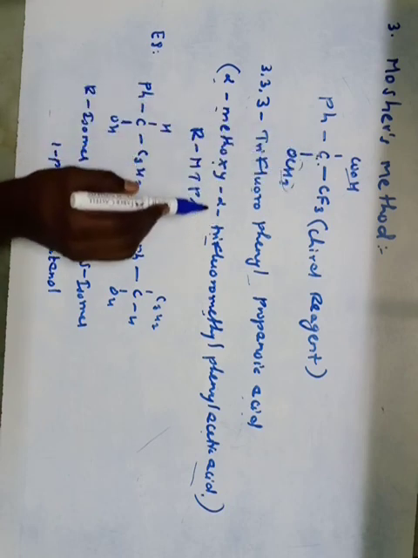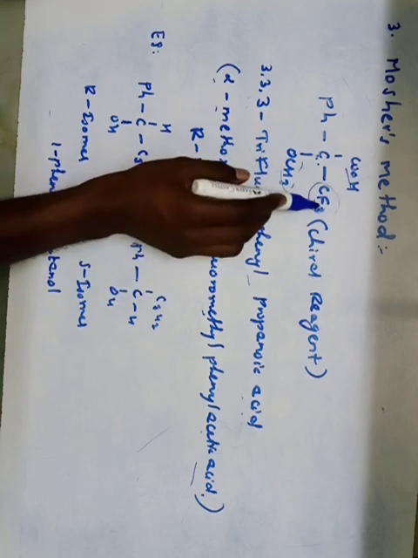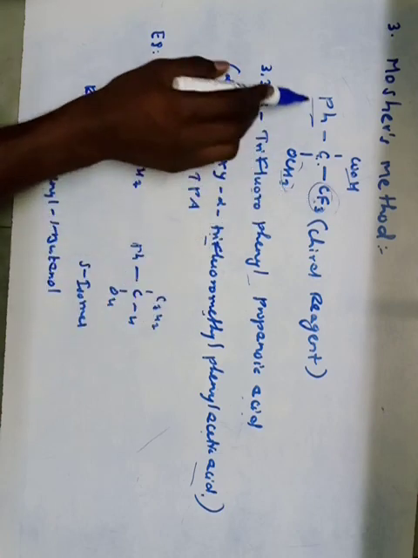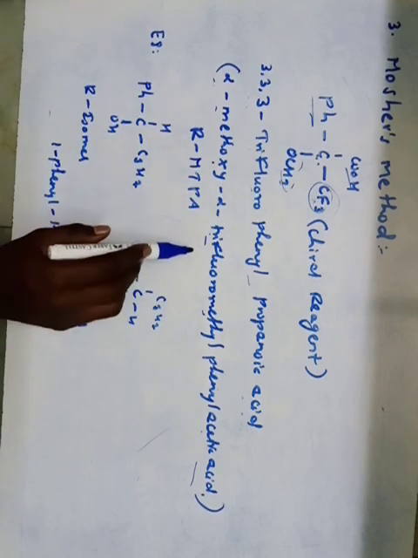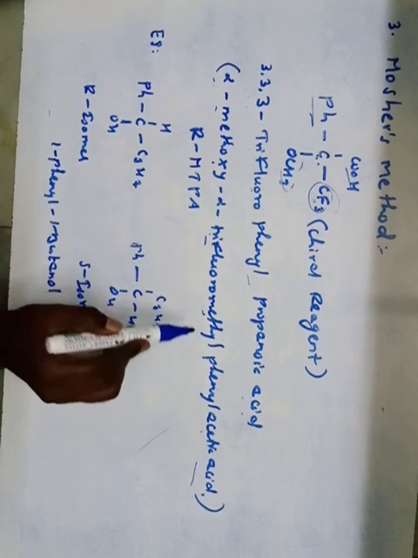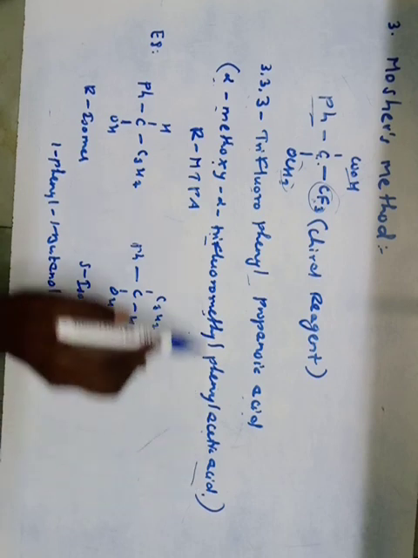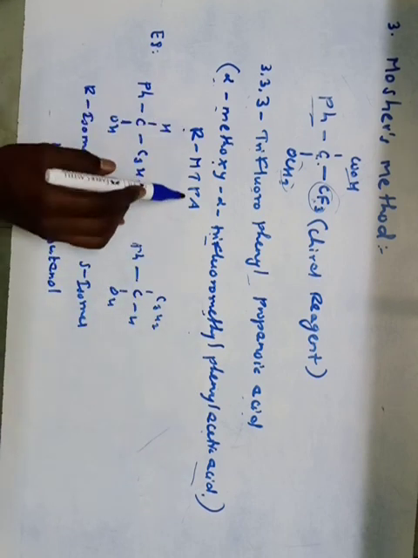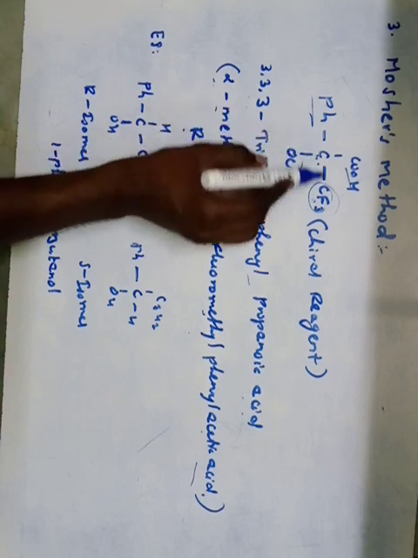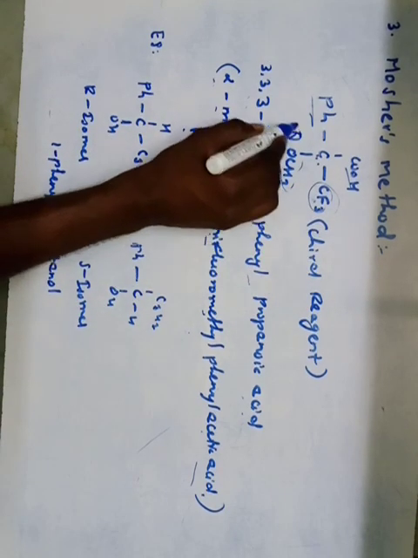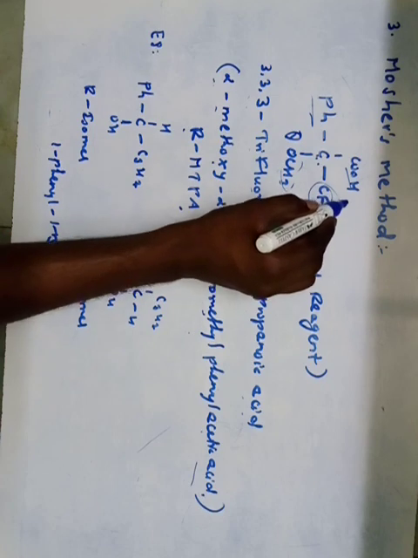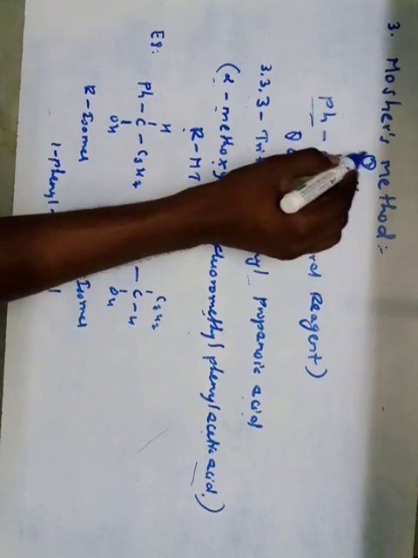So it is alpha methoxy and alpha trifluoromethyl, and this is a phenyl group. So it is an acetic acid. That's why it is alpha-methoxy-alpha-trifluoromethylphenylacetic acid. Generally it is also known as RMTPA, because this is the R configuration. Let's see how the R configuration is there. 1, we are doing 2, 3, and this is the 4.